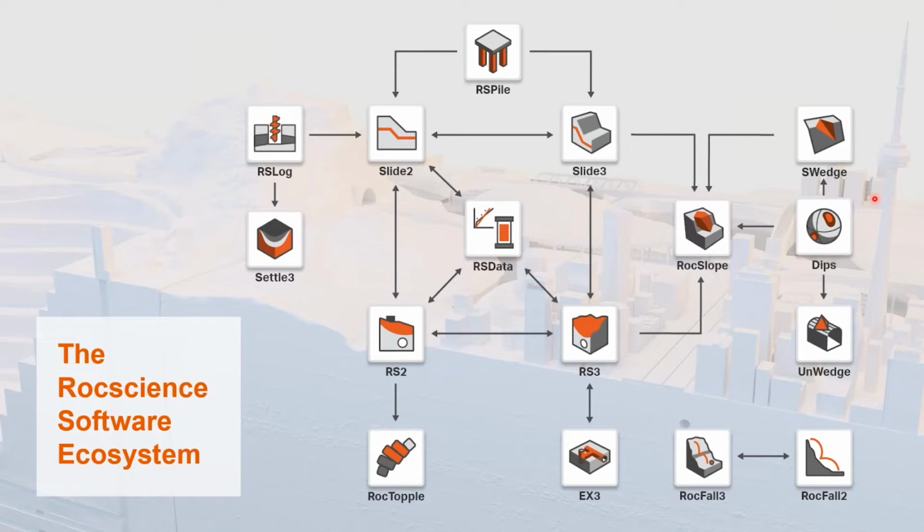Among these programs, RSPile has an interaction with Slide2 and Slide3. So if you have a slope stability problem, you can use RSPile in an interactive way with Slide2 and Slide3, of course, to provide supports to the slope, piles supporting the slope. And you can see how other programs interact with each other.